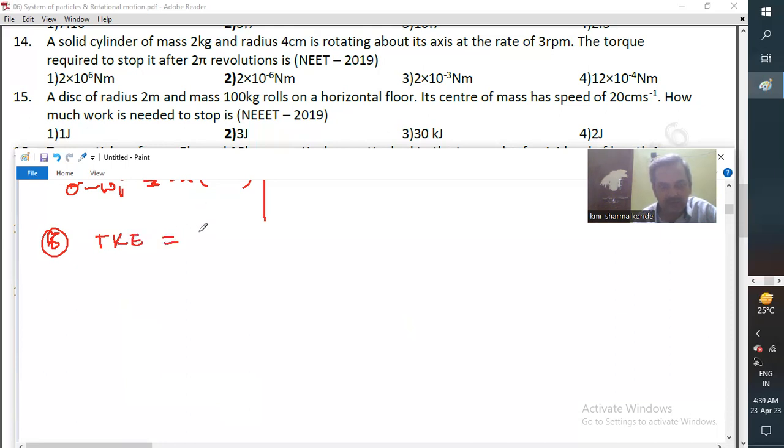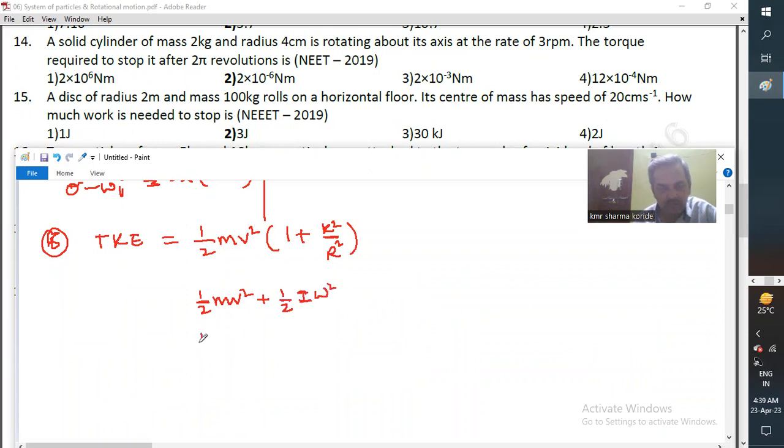That is, just now we did one question. Half mv square includes translational as well as rotational kinetic energy. If you take out common half mv square, you will get k square by r square. So once again, write down translational kinetic energy plus rotational kinetic energy, half I omega square.